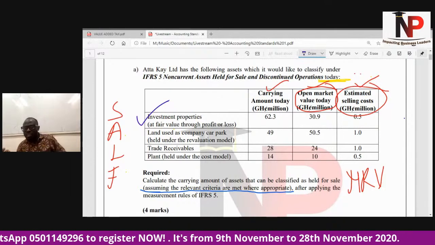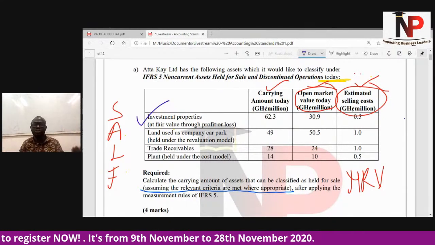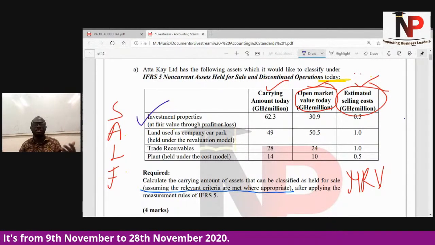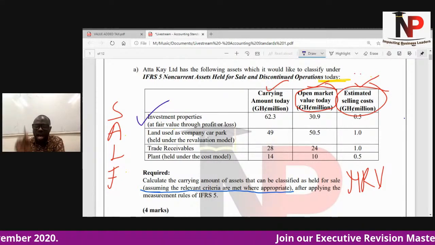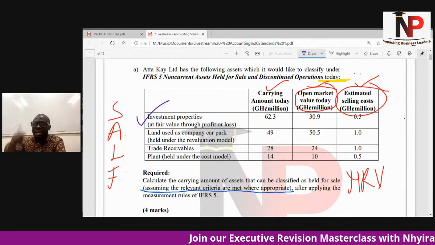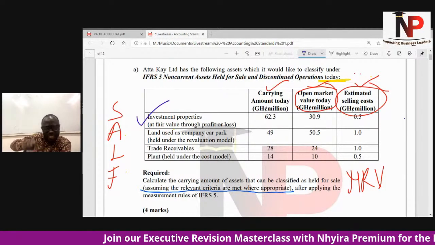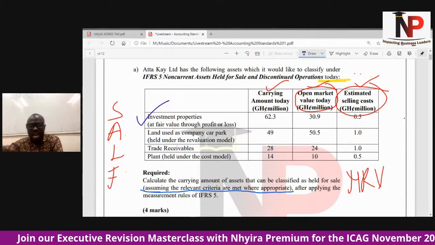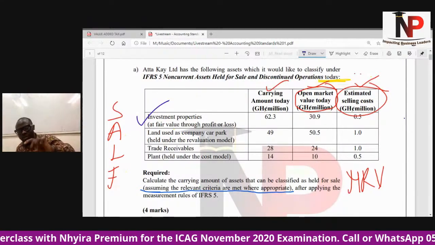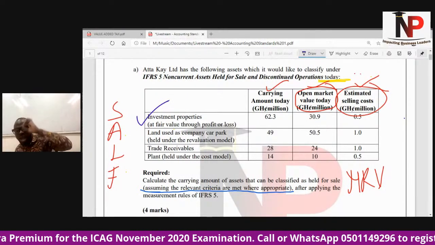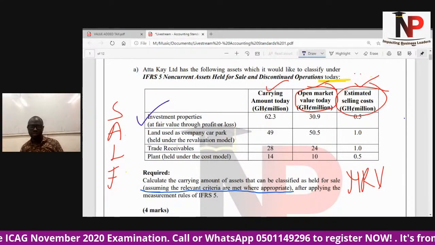It's like the examiner is setting a trap for us, and he wants us to fall into the trap. It says, calculate the carrying amount of assets that can be classified as held for sale, assuming the relevant criteria are met where appropriate.